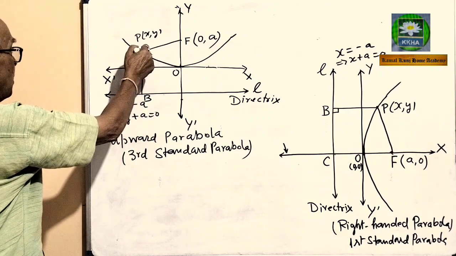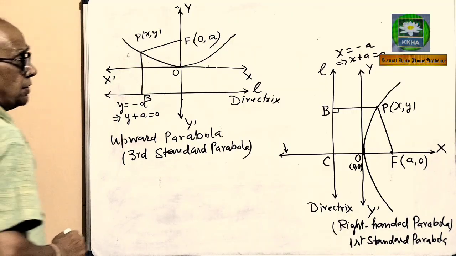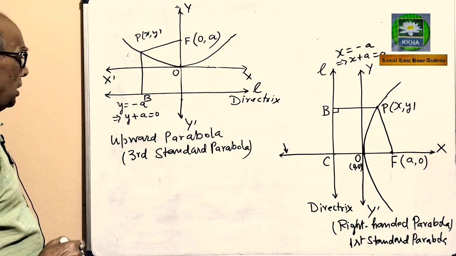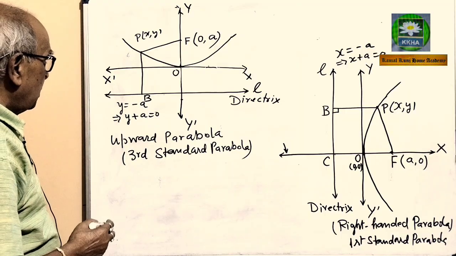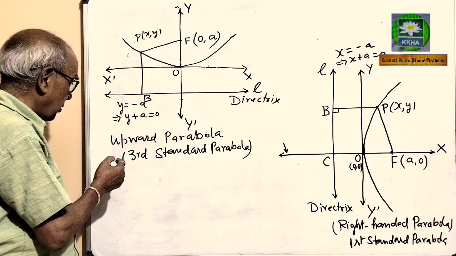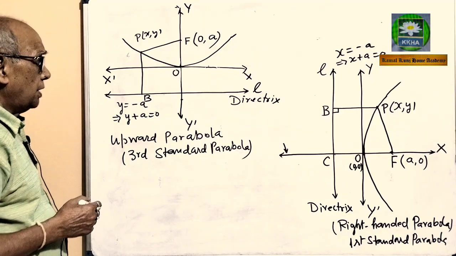Then PF will be equal to PB as per definition of a parabola. So this is the third type of a standard parabola, also known as upward parabola.